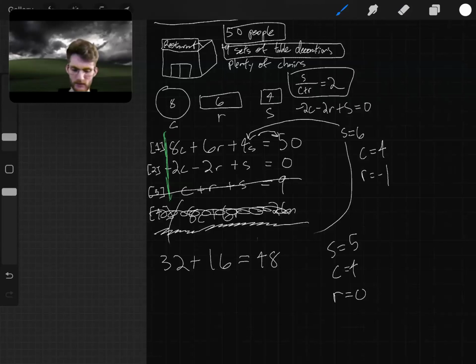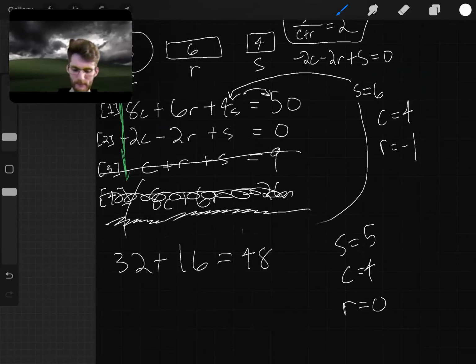And then finally, sorry, equation 2. -2c, that is -8, minus 0 plus 5 equals -3. So these solutions are kind of close, not quite, but it is a more real answer.